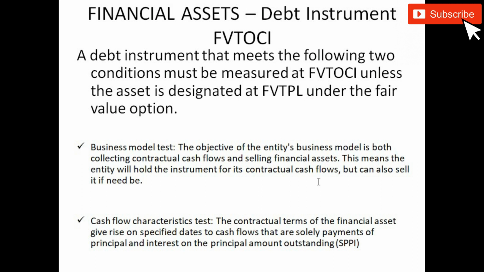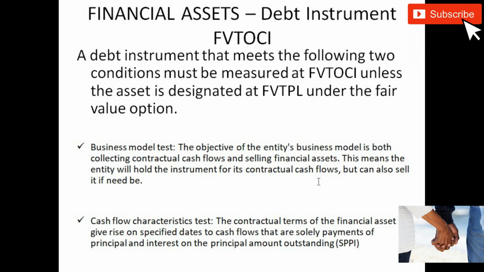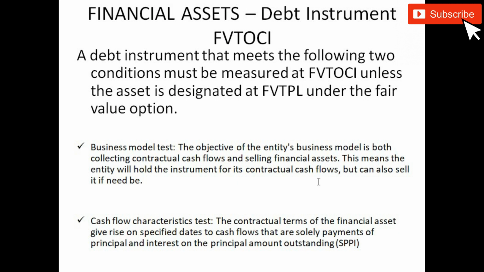Here we have the business model test as well as the cash flow characteristics test. Let's take note, they are not the same as with amortized cost. The objective of the entity's business model is both collecting contractual cash flow and selling financial assets. This means the entity will hold the instrument for its contractual cash flow, but can also sell it if need be.